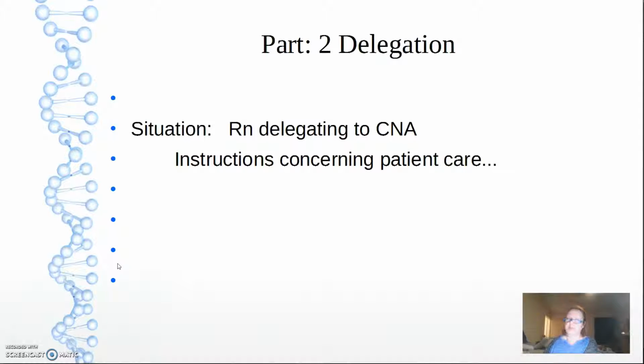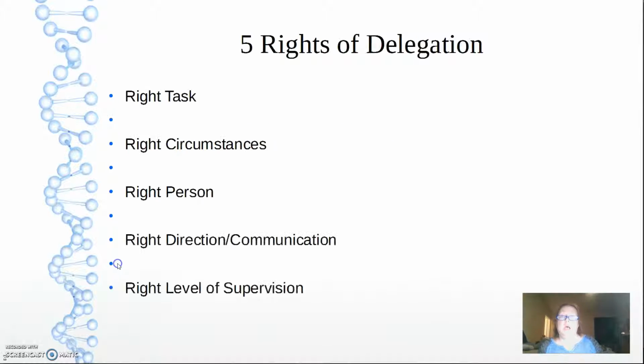So the instructions for patient care: the patient was incapacitated, almost comatose would be a good word for it. She required turning. She required assistance with pretty much anything and everything. So that was the instructions that we provided to the CNA to encourage her to provide quality care for the patient.